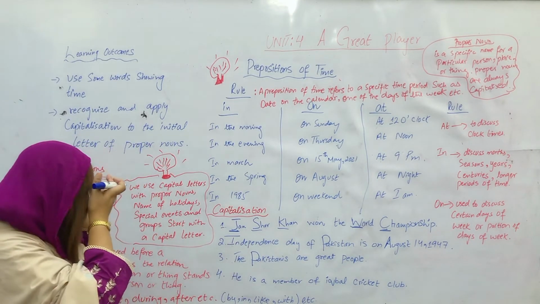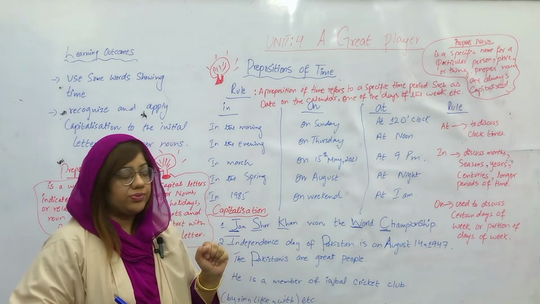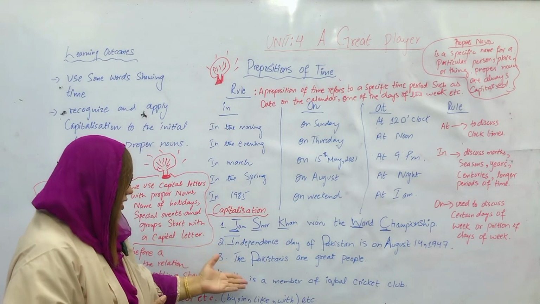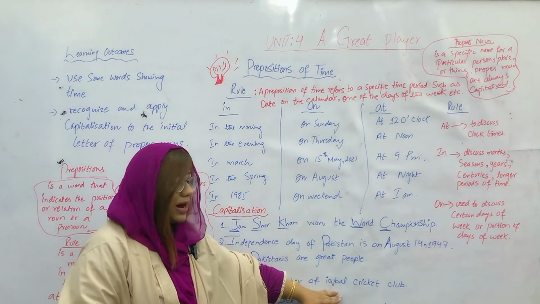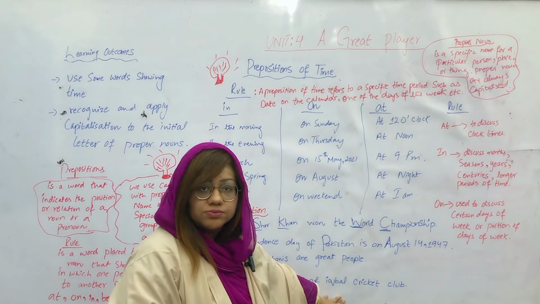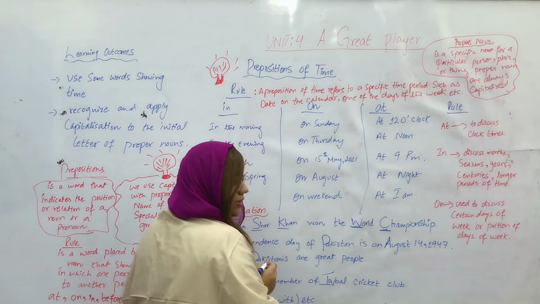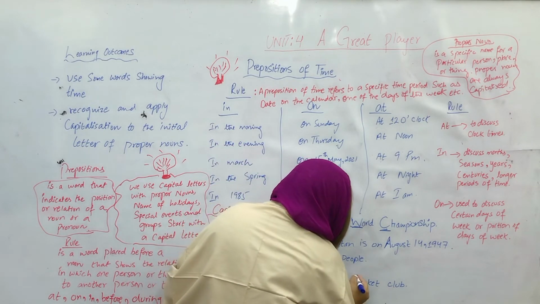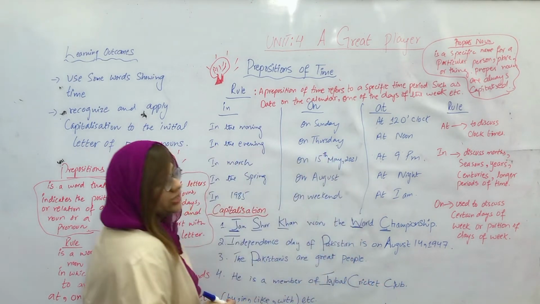You can see the next one. He is a member of Iqbal Cricket Club. He is a member, that is enough. But Iqbal Cricket Club is an important proper noun. So the I should be capitalized, the C of Cricket, and the C of Club are also capitalized.